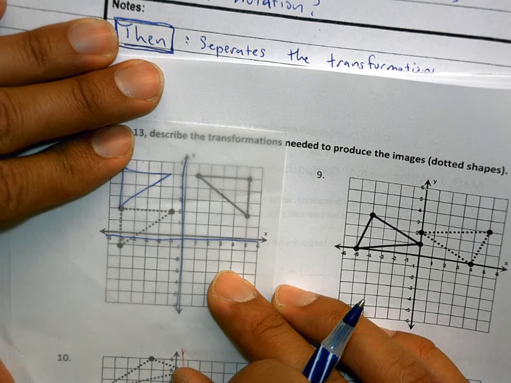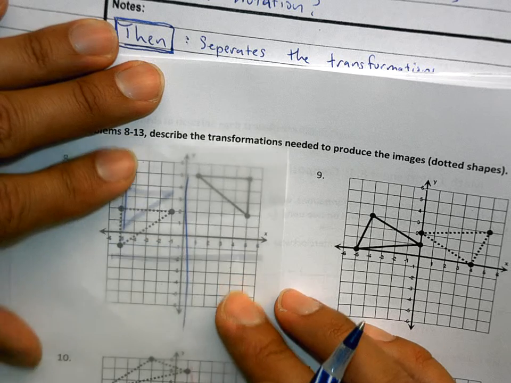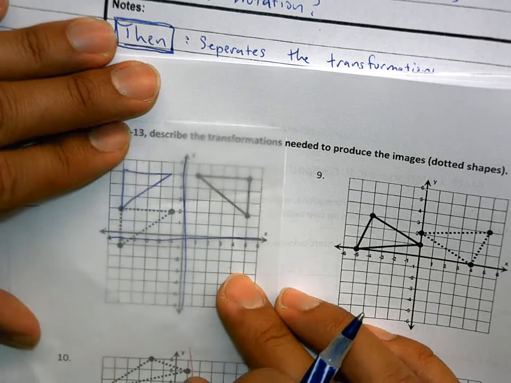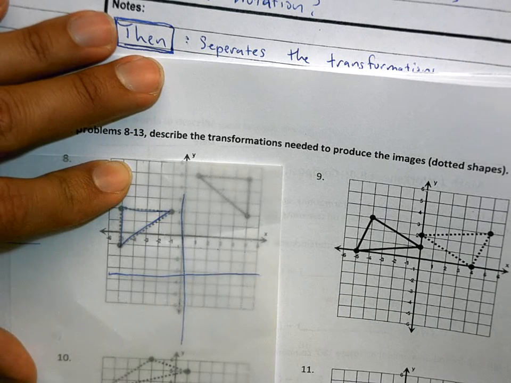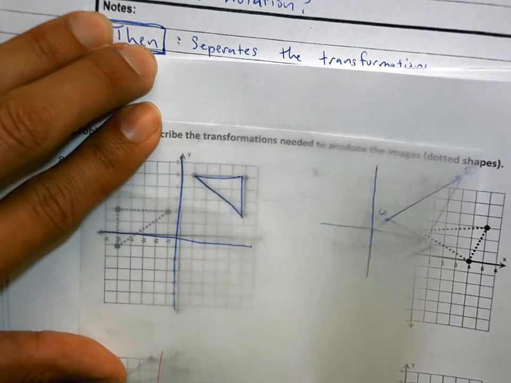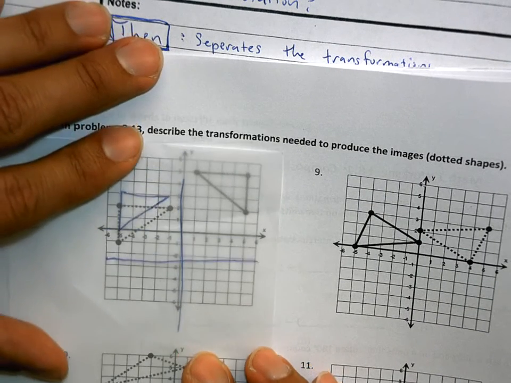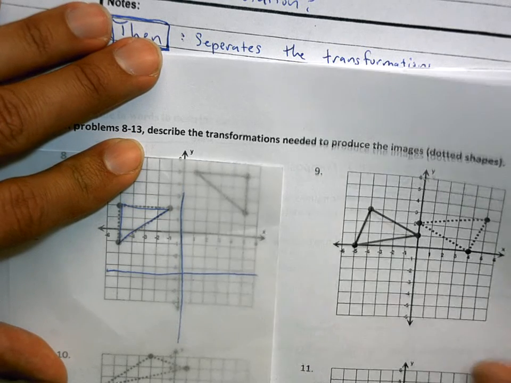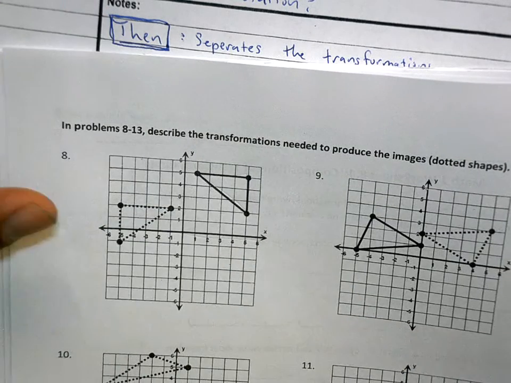And then to make it match up, then I have to translate it down so many units. How many units? Down 3. So it's a double transformation. It is a reflection across the y-axis and then translation down by 3 units. You're going to describe that in words. And you'll look at these other shapes to say how the images were created. Let's stop our notes right there.